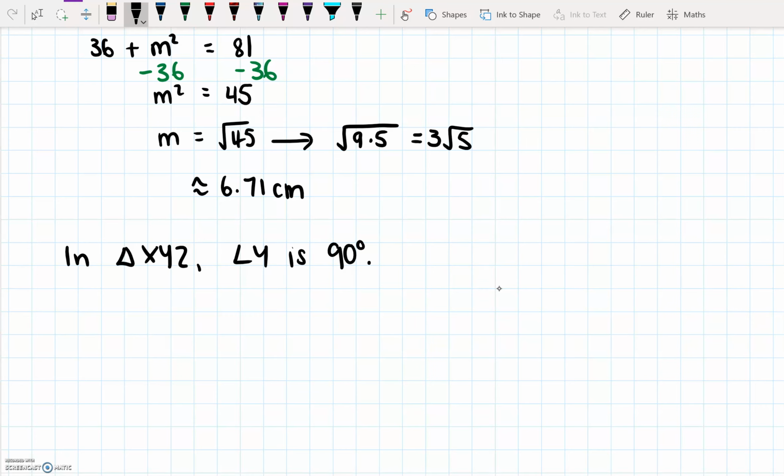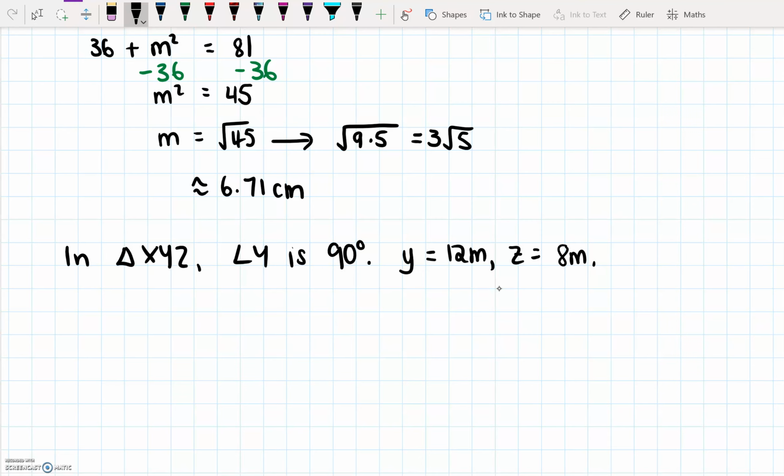We will say side y is equal to 12 meters. And we will say side z is equal to 8 meters. We'll find X because that's a bit nicer for you guys.